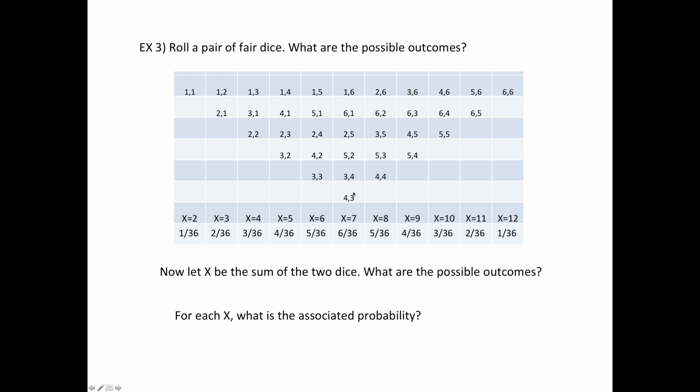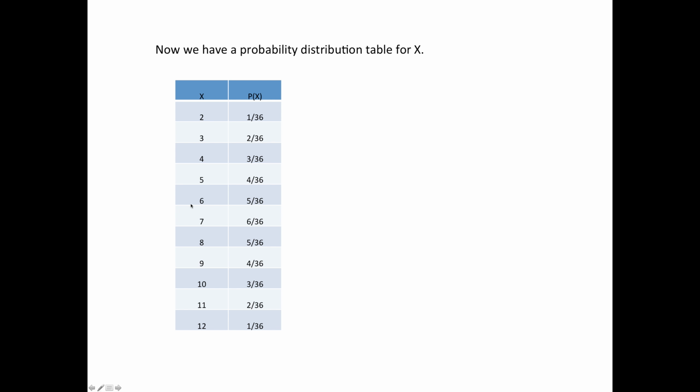Right here, there are 1, 2, 3, 4, 5, 6 possibilities out of 36. And then it counts back down until the only way you can get a 12 is with a 6 and a 6. So now we've created a probability distribution table. Although usually they don't go horizontal like this, they are instead vertical. So there, now it's vertical.